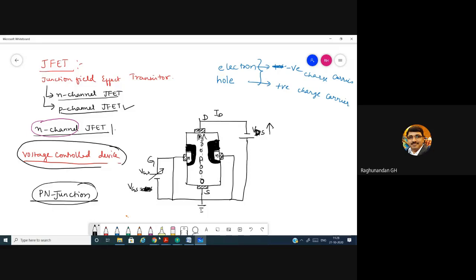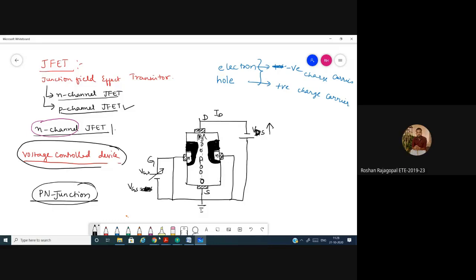So what happens when the depletion layer is growing like this? It reduces the flow. It increases the resistance of the material. Because of that, the drain current will be reducing since the channel width is reduced.